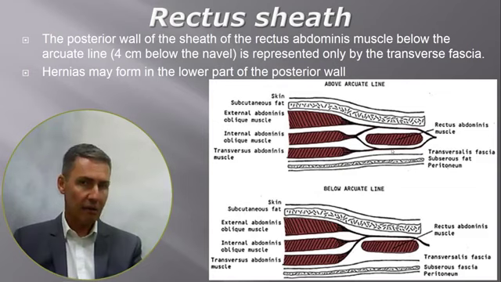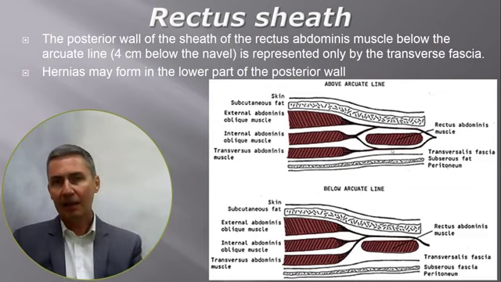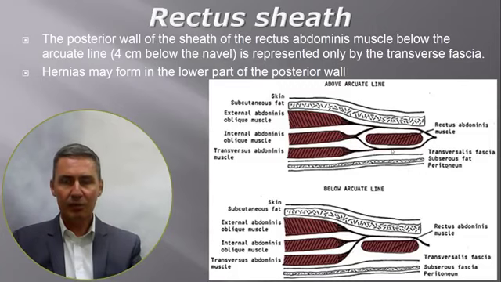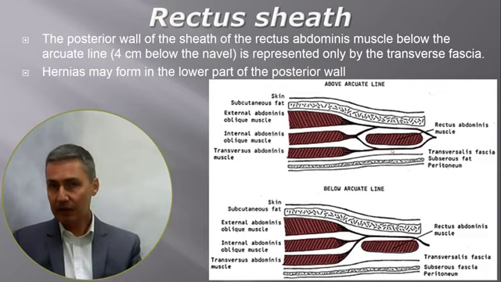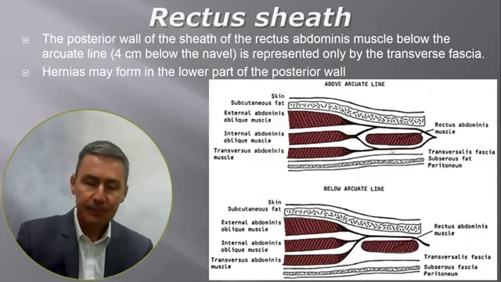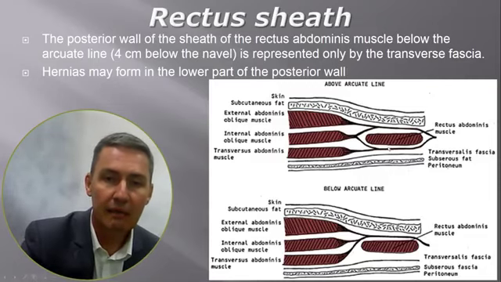What is the arcuate or Douglas line? This Douglas or arcuate line is located approximately 4 centimeters below the umbilicus, and it is curved. That's why it is called arcuate. Along this line, the changes in the structure of the rectus sheath occur. What are the differences in this rectus sheath structure?